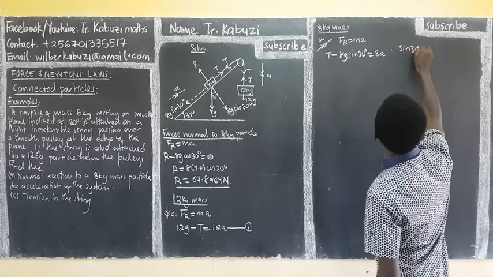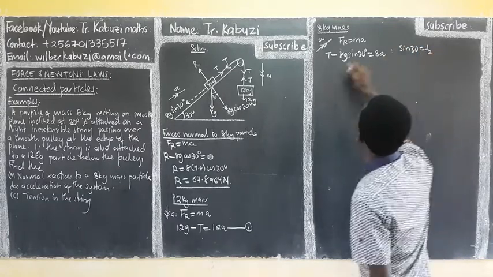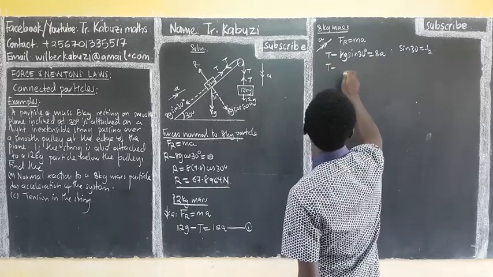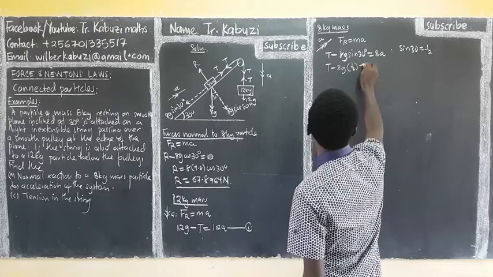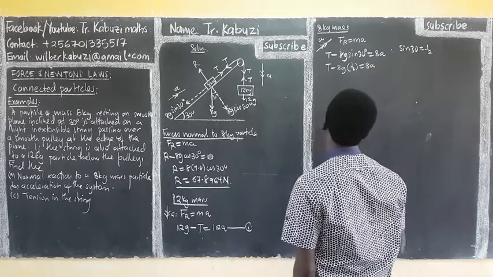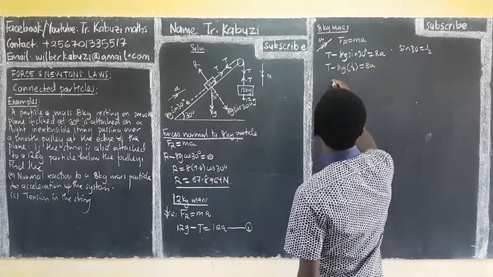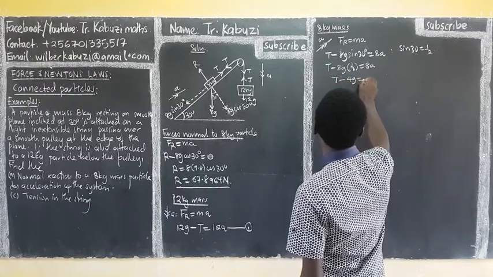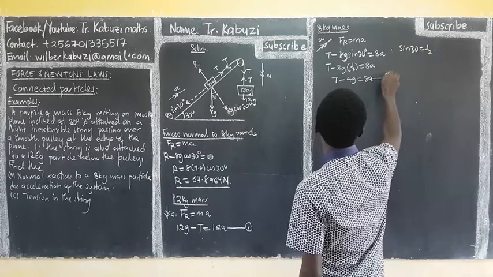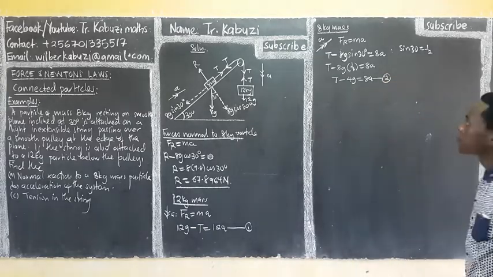So T minus 8g into a half equals 8a, which is T minus 4g equals 8a. I call this equation 2.